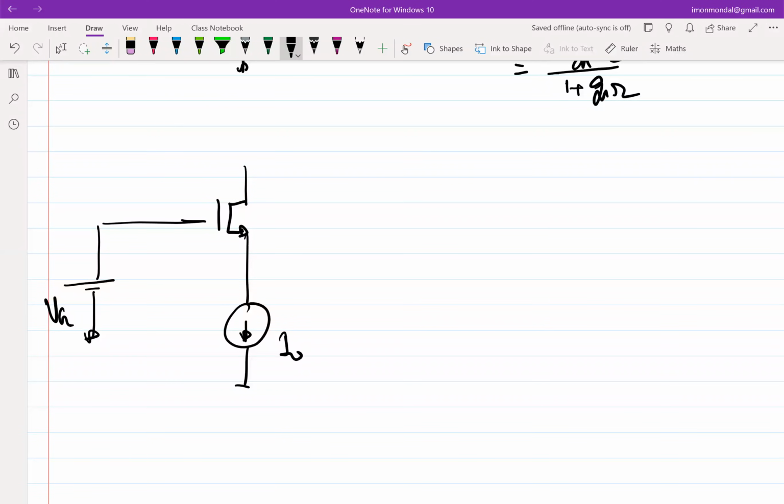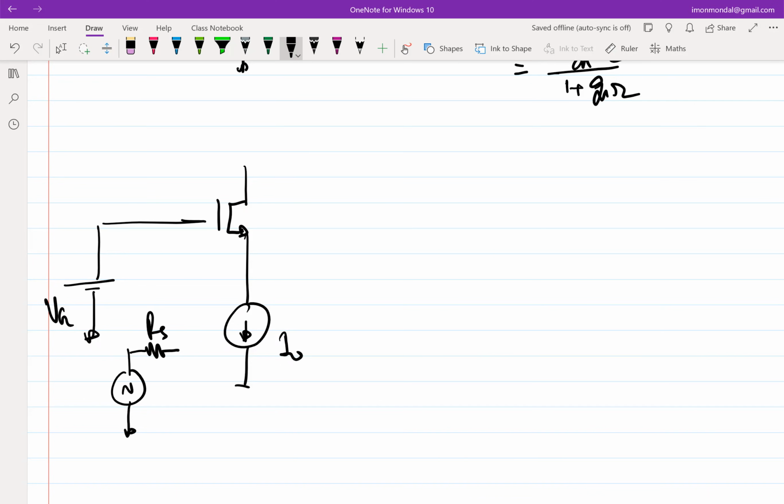And you have a source somewhere which you want to connect to the gate. And ultimately, I would like to take the output from the drain because I want this incrementally to behave like a common source amplifier. So let's concentrate on the drain side first.